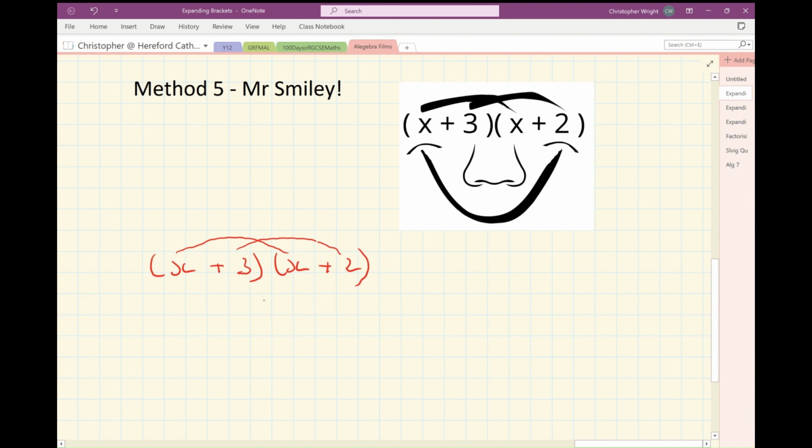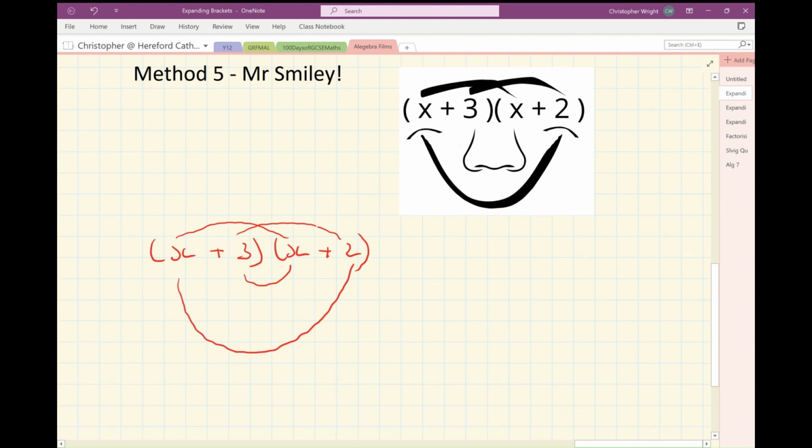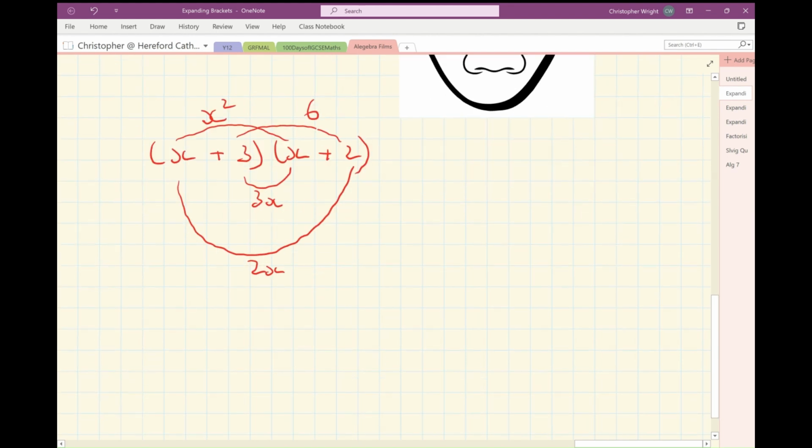And then the nose I'm going to draw here, and the mouth I'm going to draw here. I like this because the nose and the mouth, 3 times x, and x times 2 give me the x terms. The first eyebrow, x times x is x squared, and the second eyebrow, 3 2s is 6. So I get my x squared, and my x's are always underneath because they're always the nose and the mouth.